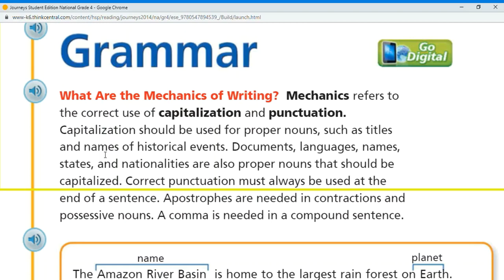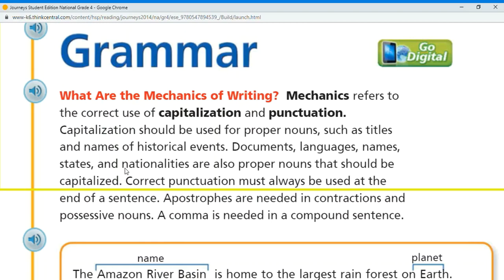Okay, names of historical events such as, for example, World War II. The W in each word is capitalized. Languages, names of states, nationalities like Jordan, Jordanian, New York, Irbid, languages like Arabic, English, and so on.